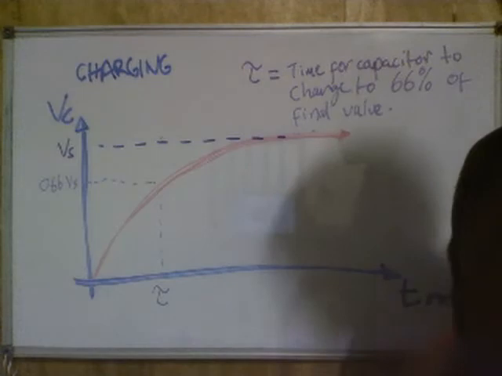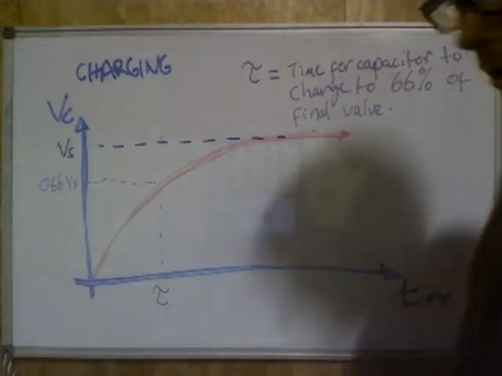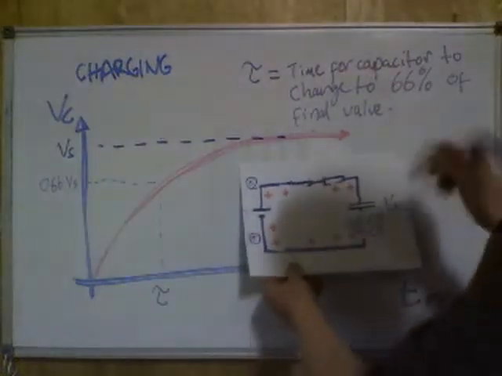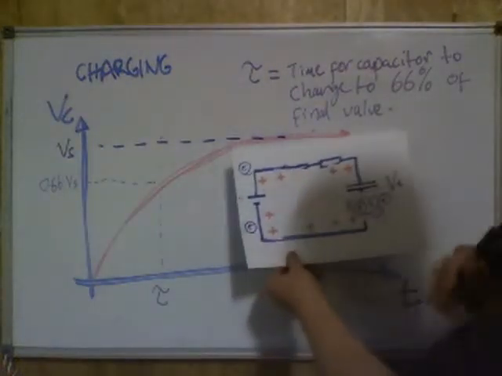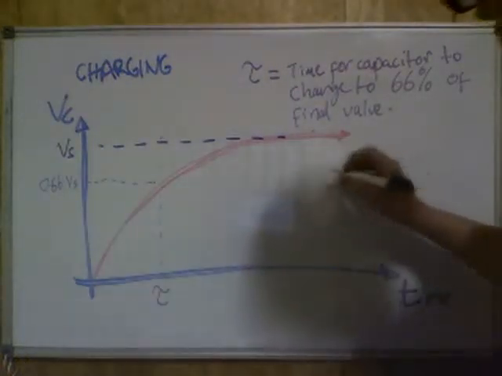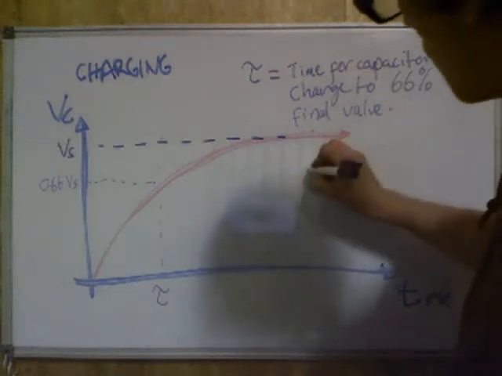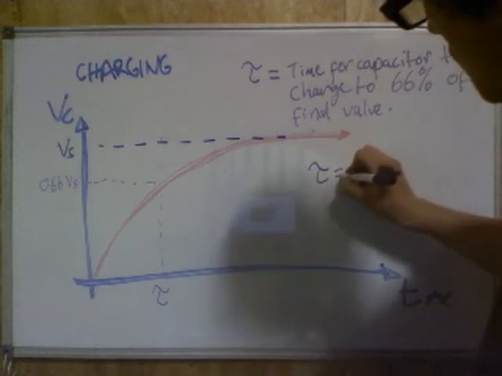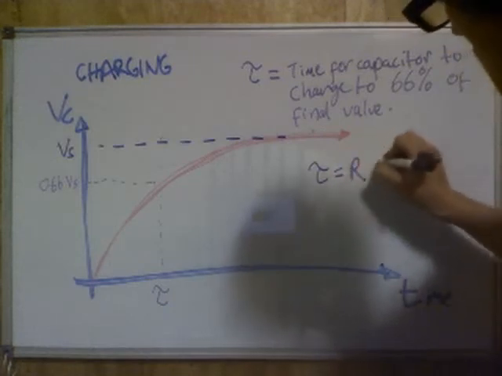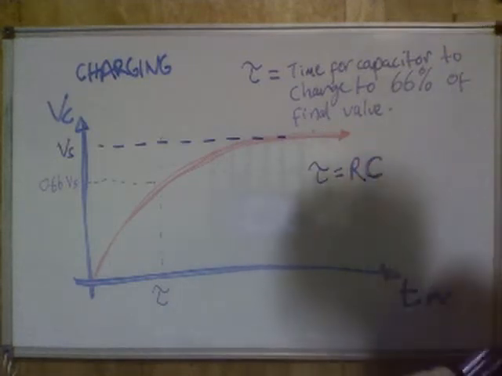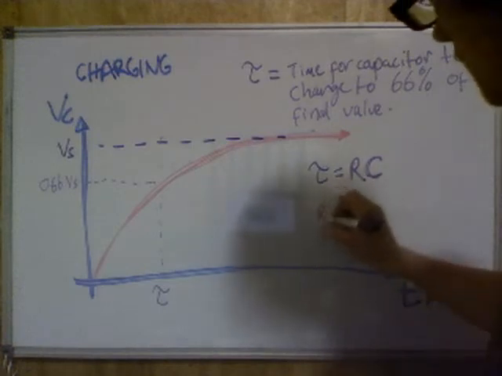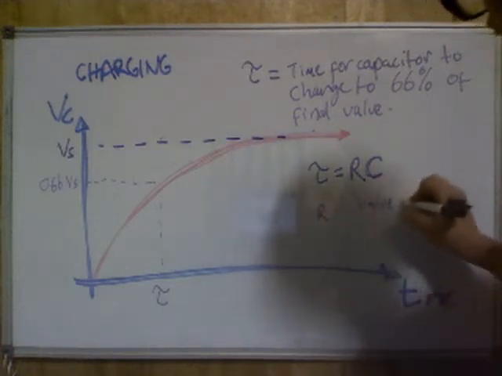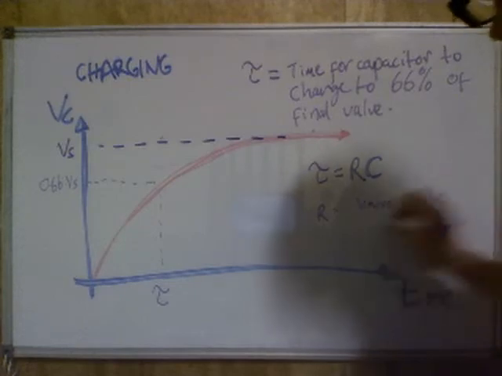Now, for a circuit like this one we saw just here, where we have a resistor and a capacitor, we have the formula tau, time constant, equals RC, where R is the value of the resistor.